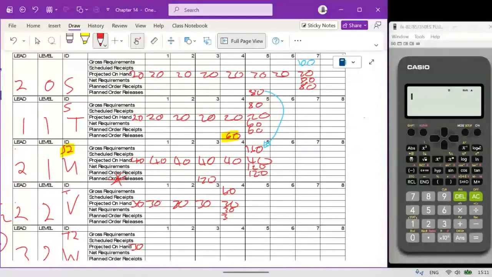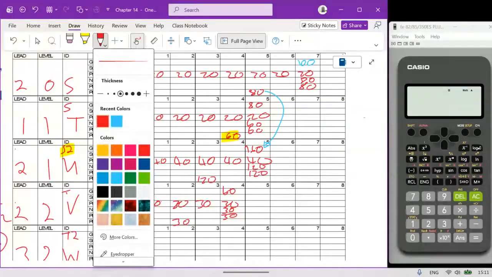Then the weeks of ordering, 2. All right. Then W gets its information from T also, and it's times 2. So it becomes 120. So this one here goes to here.